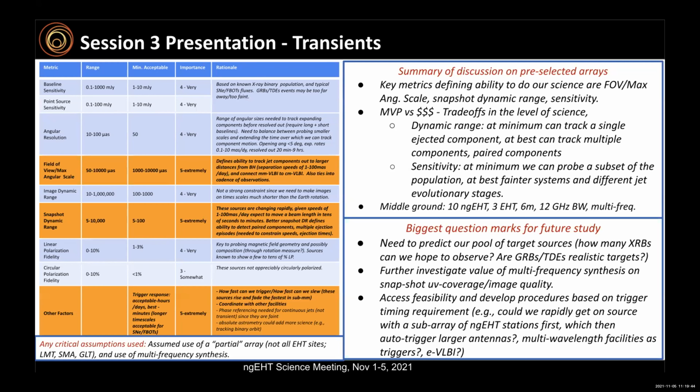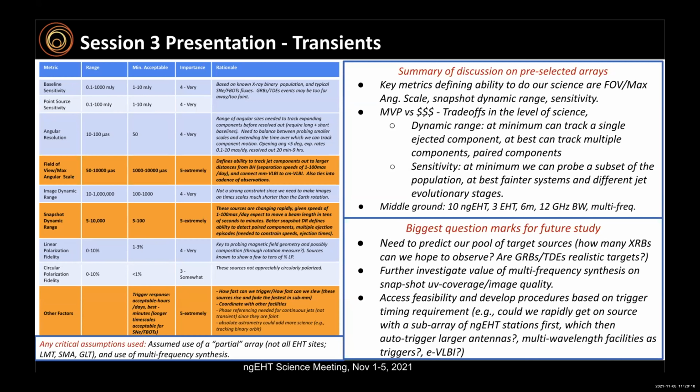Acceptable trigger responses are anywhere from hours to days for most of these transients, and the ultimate wish list would be minutes. But I do note that some of them, like the supernovae and the FBOTs, could have longer acceptable timescales, more on the order of days to weeks.